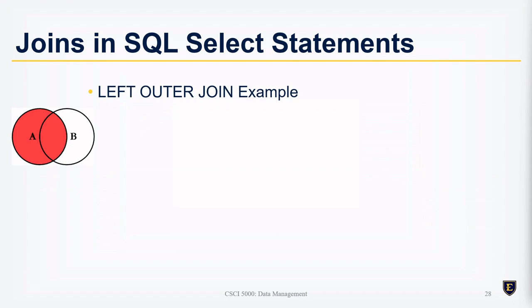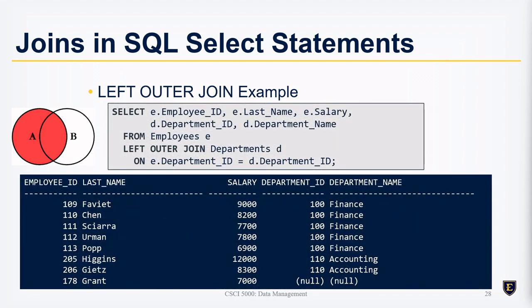So now let's take a look at an example of a left outer join. We have two tables again, A and B, and we want to apply that same condition that we do with an inner join to this type of join. And let's see what happens.